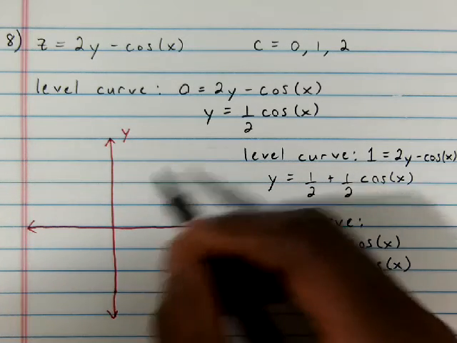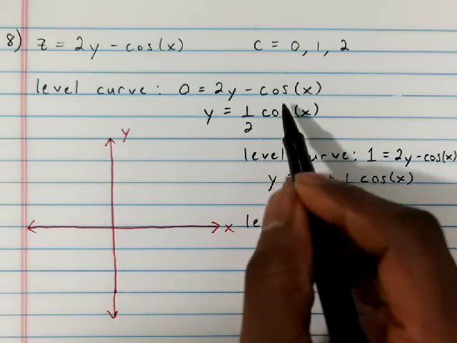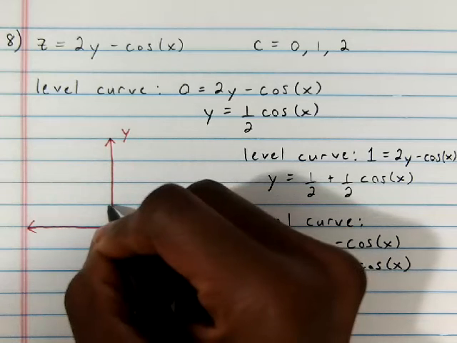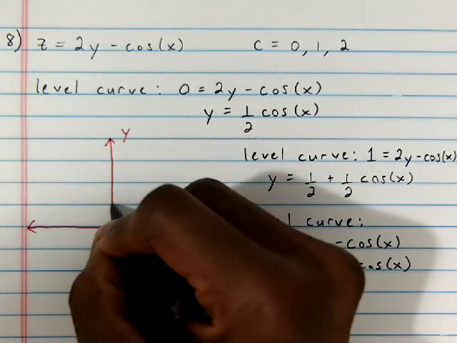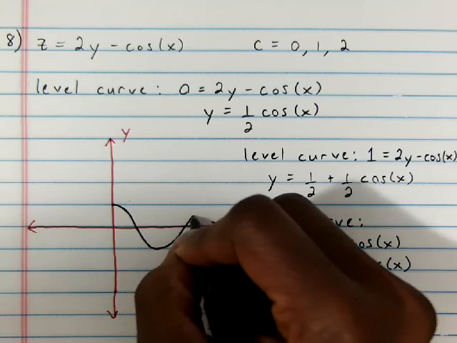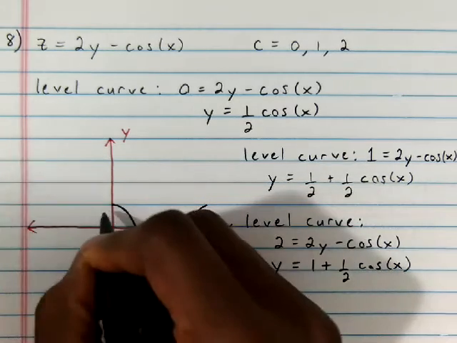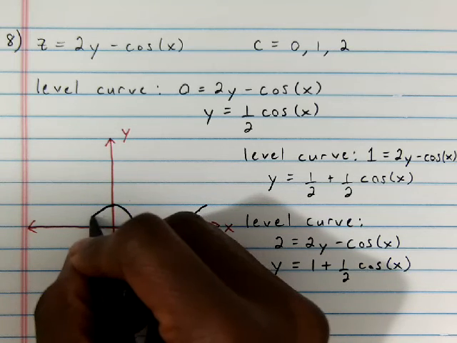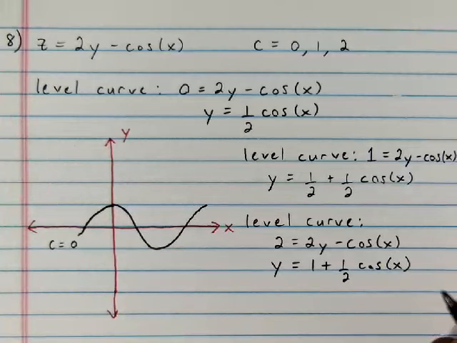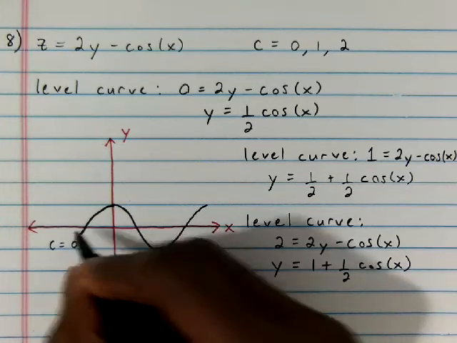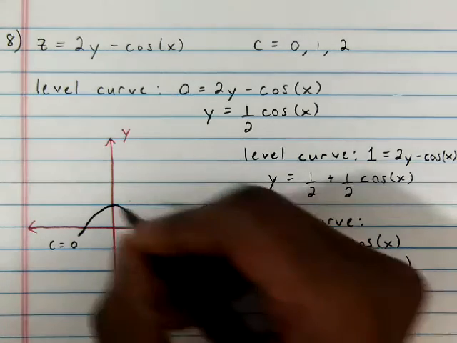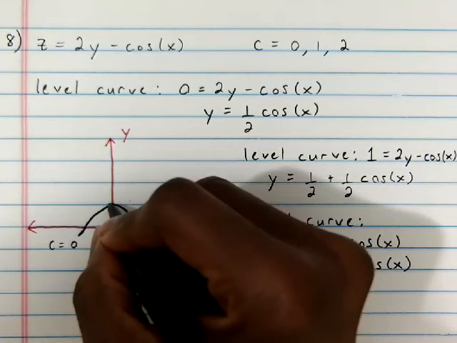So remember, for c equals 0, the amplitude of cosine of x is just changed to 1/2 instead of 1. So it would look like that. Come back this way. I'm just going to put my label at the end over there. Oops, that was supposed to come up. And this is 1/2 right here.